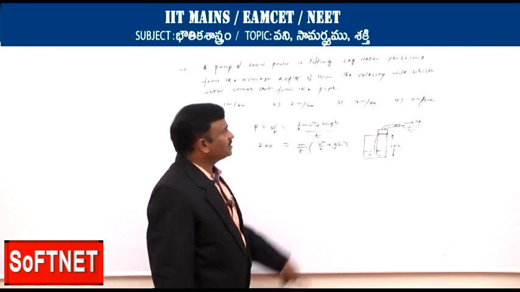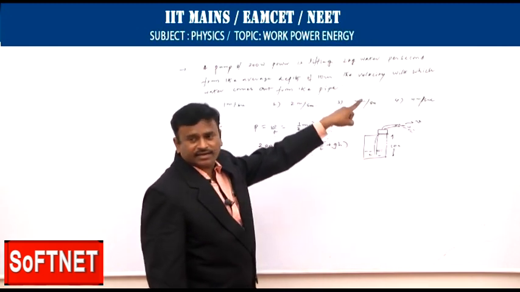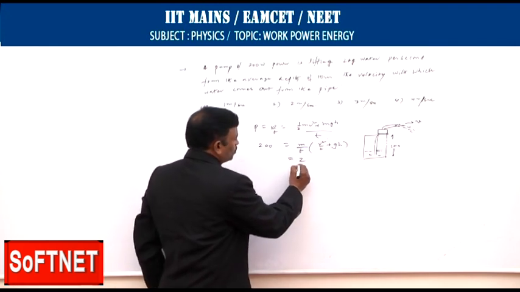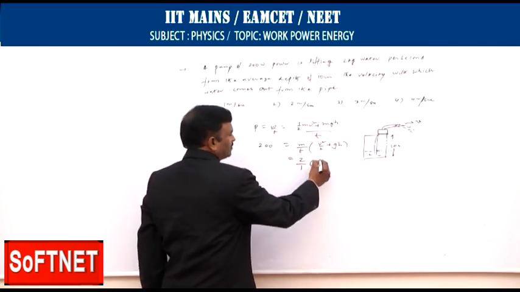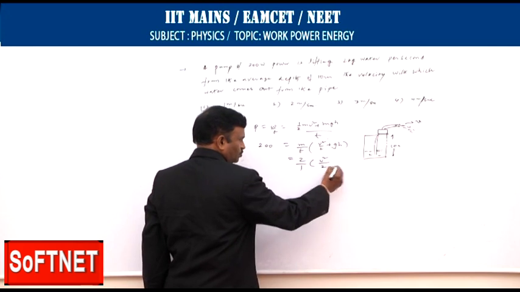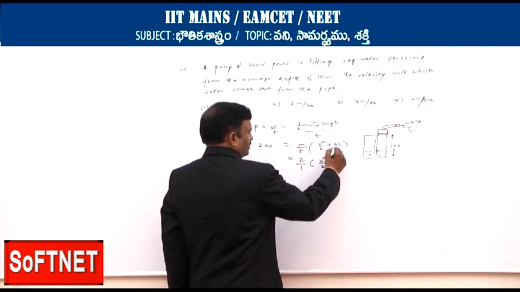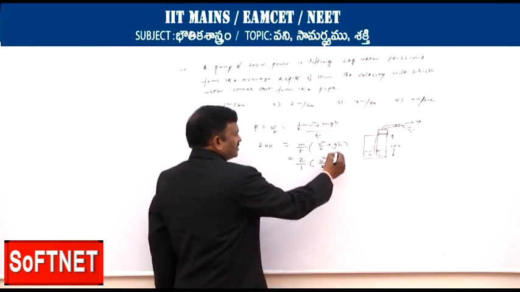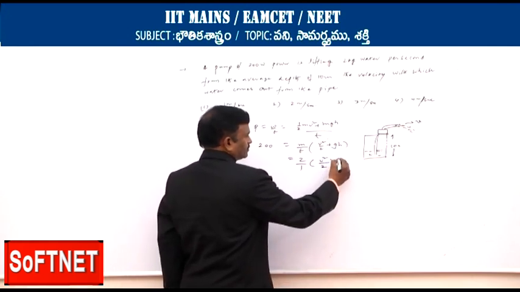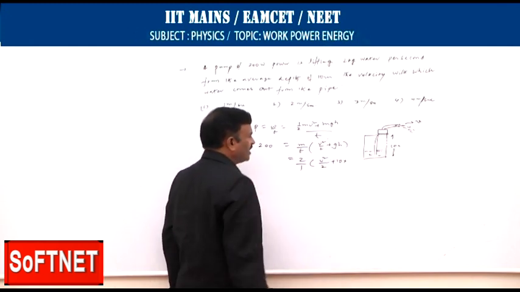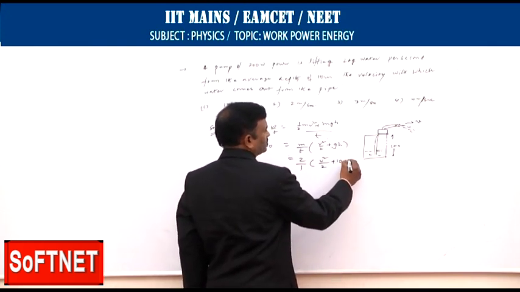So 2 per second, we can write v square by 2, into g, acceleration due to gravity, that is 10, into height h is 10 meters.